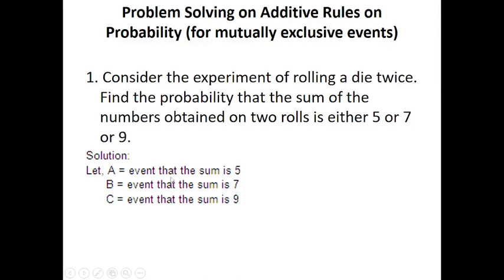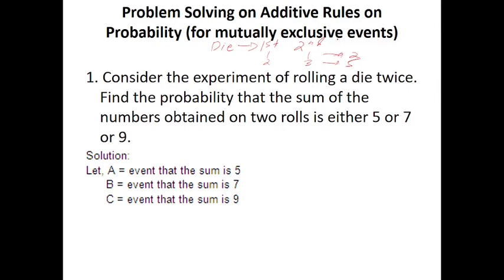So let A be the event that the sum is 5. Let's say meron kang die, first toss and second toss. Sa first toss, lumitaw ay 1. Second toss, lumitaw ay 1. Pag-add mo yan, 1 plus 1, 2. Iba-iba, pwedeng 2, pwedeng 3, pag nag-add mo yan, 5.